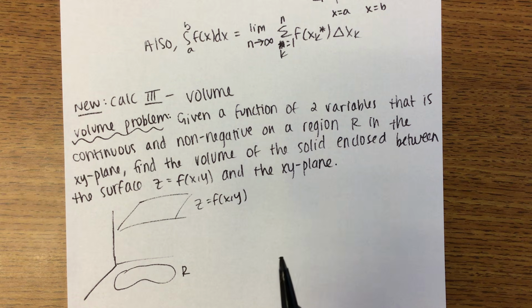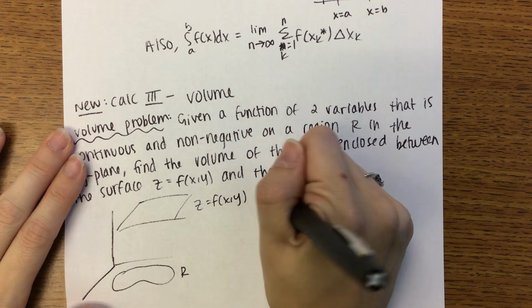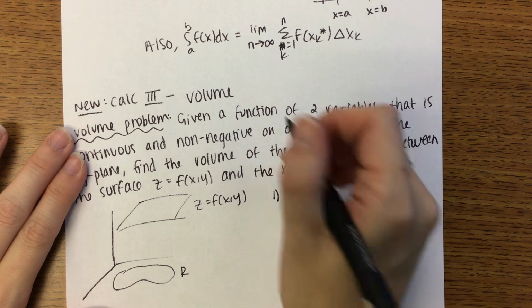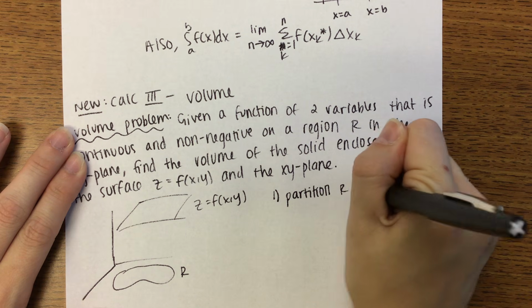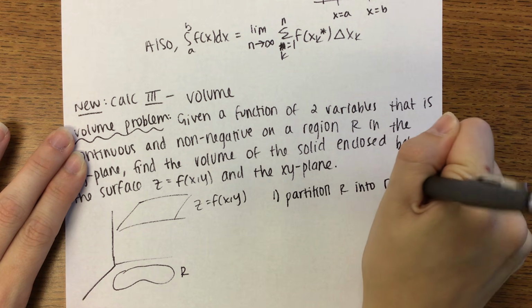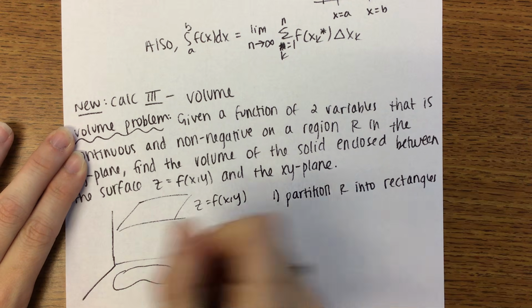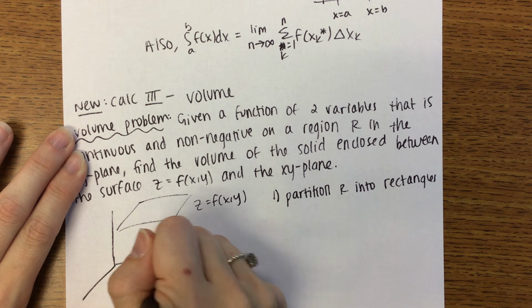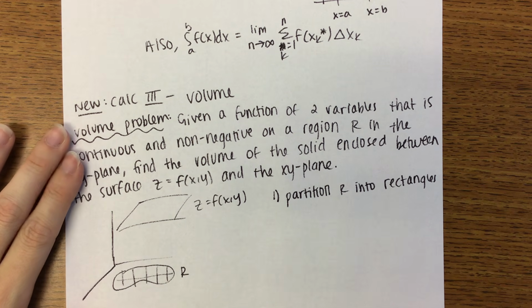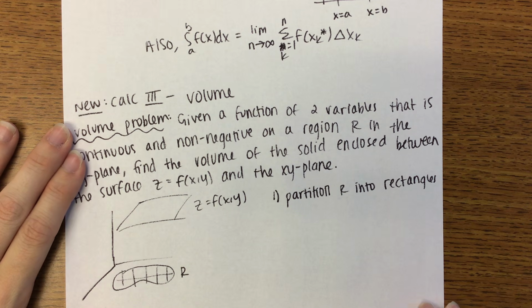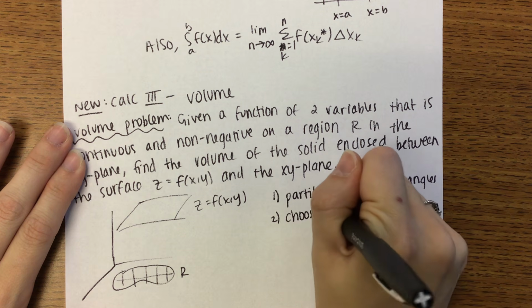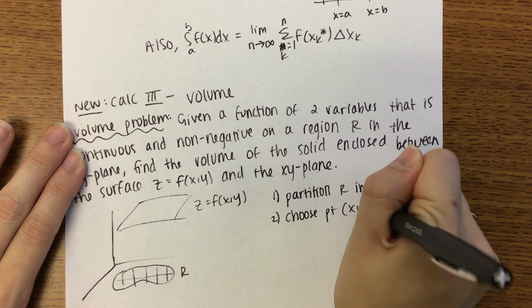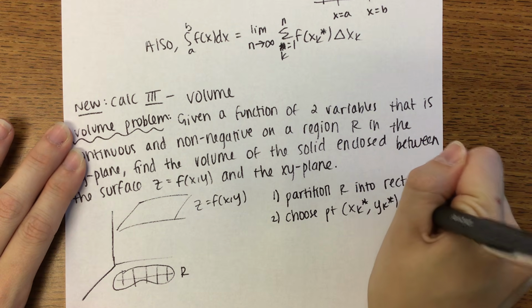Does that make sense? Okay, so here's how we would go about calculating that. First, we're going to partition R into rectangles. Ideally, they would be smaller than that, but I need them a little bit bigger for the figure. Then we are going to choose some point, which I'm going to call x_k star, y_k star, in each rectangle.